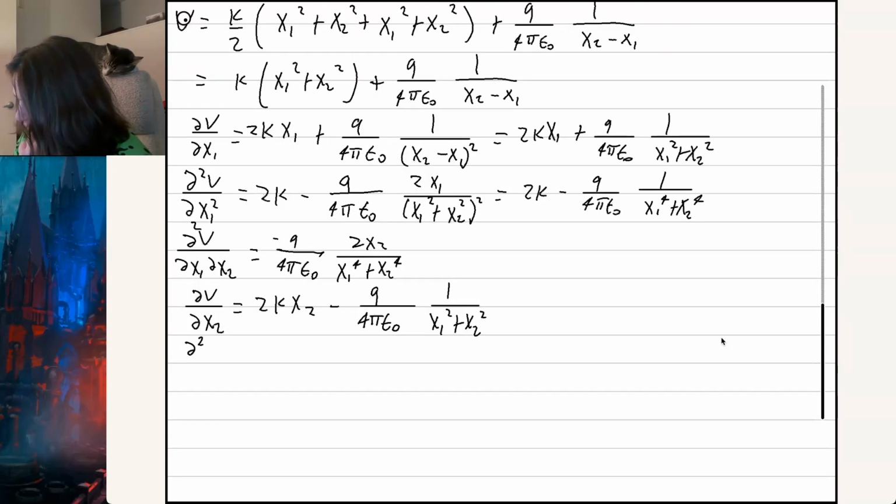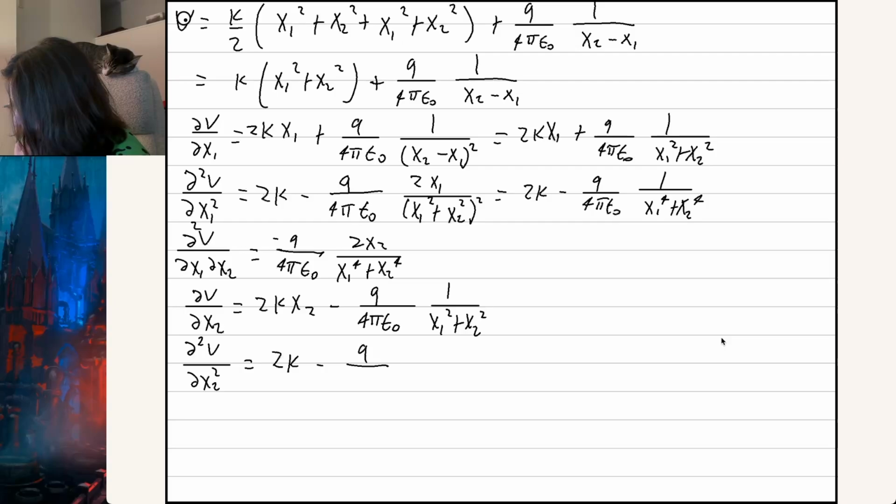Cool, now the second derivative with respect to x2 is just 2k minus, now it's plus up here, plus 4 pi epsilon naught. And then up here it's 2x2. On the bottom, x1 to the fourth plus x2 to the fourth.